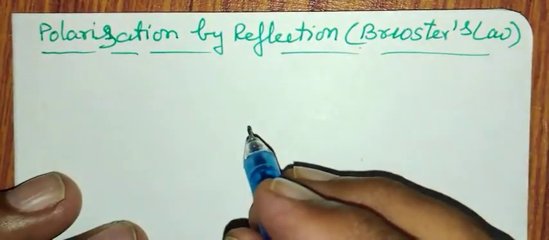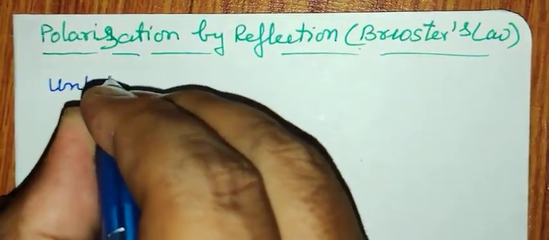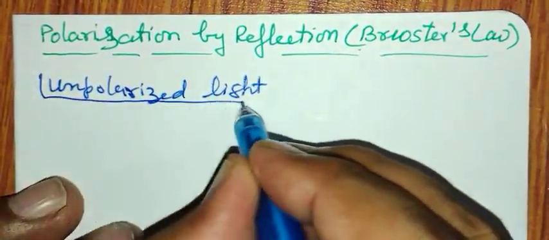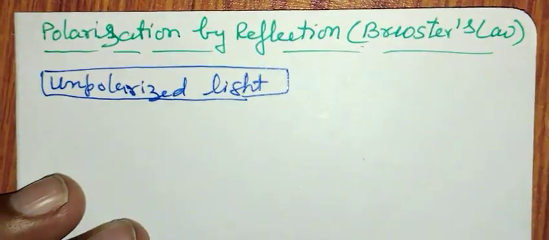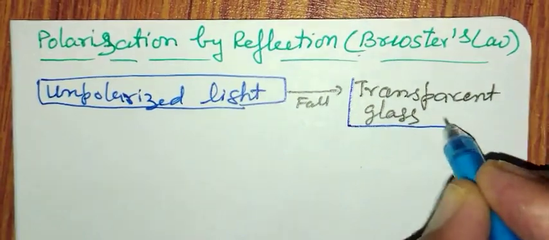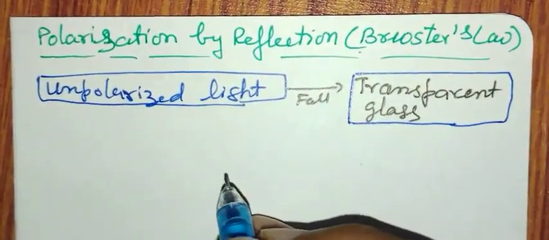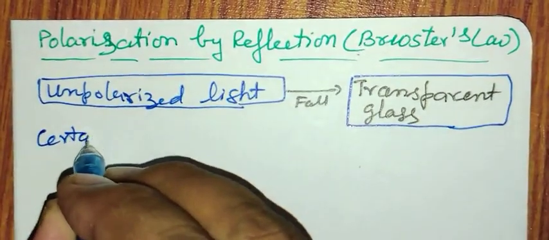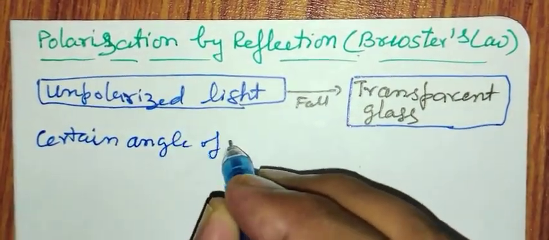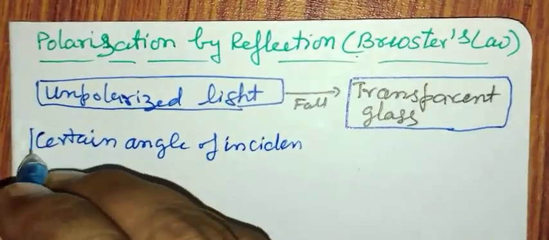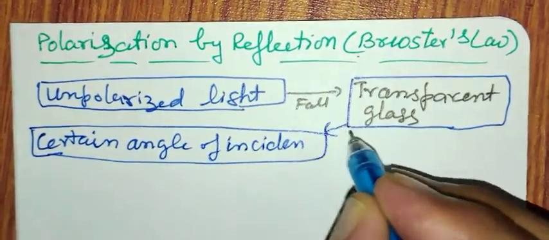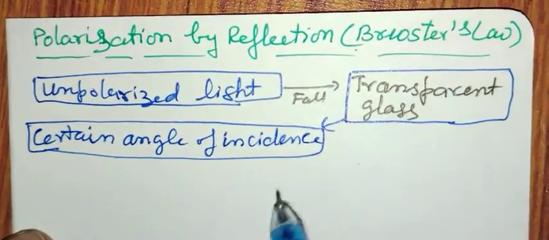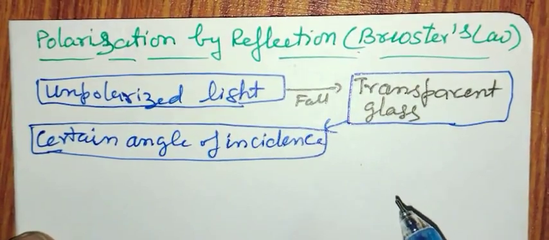It is observed that when unpolarized light is allowed to fall on transparent glass under certain conditions, at a certain angle of incidence, both phenomena, reflection and refraction, take place.